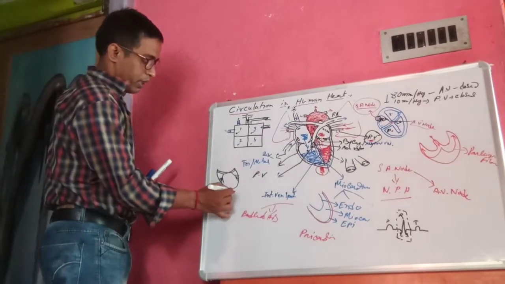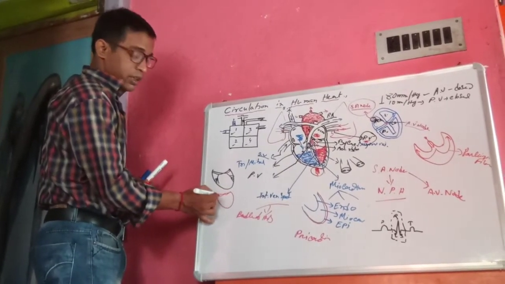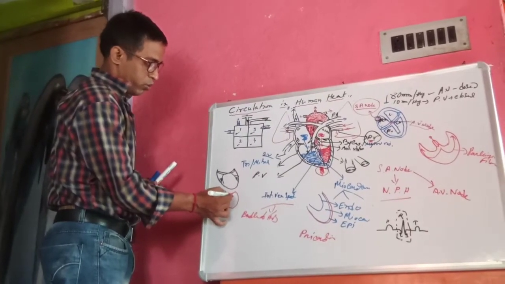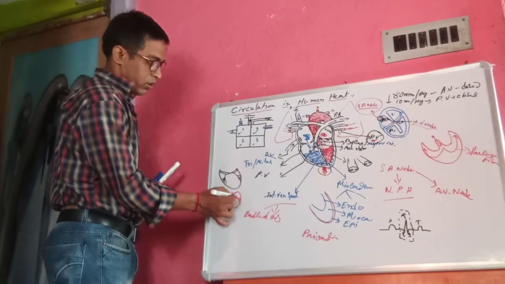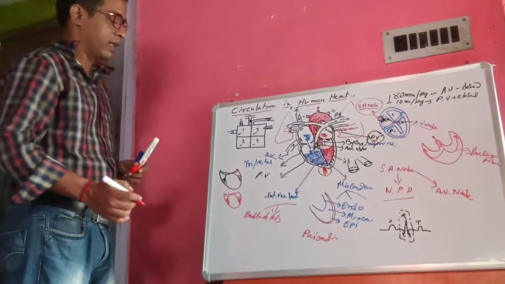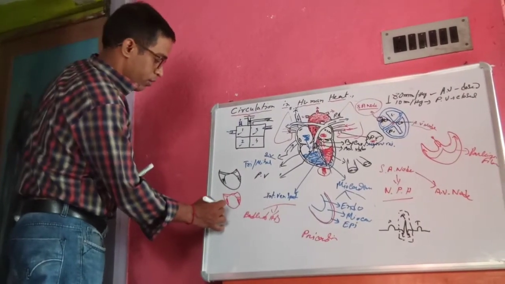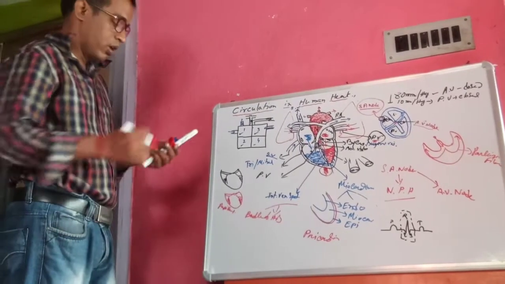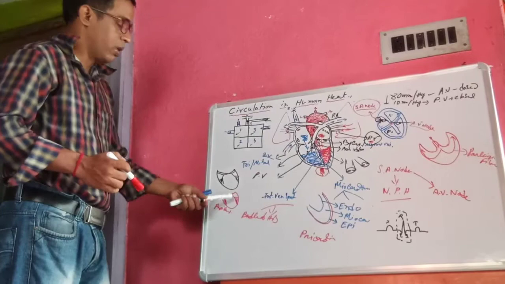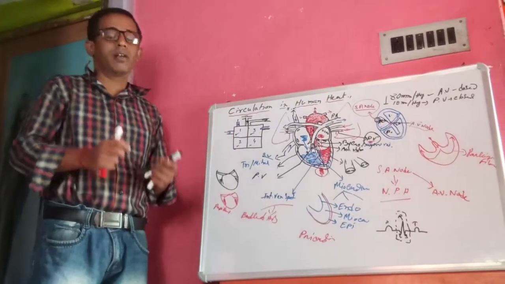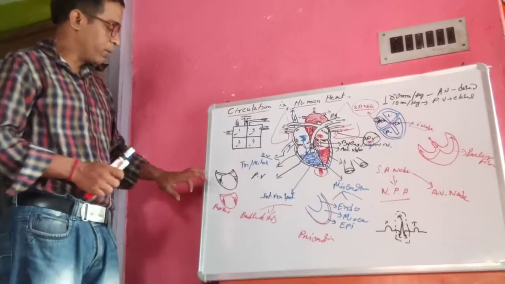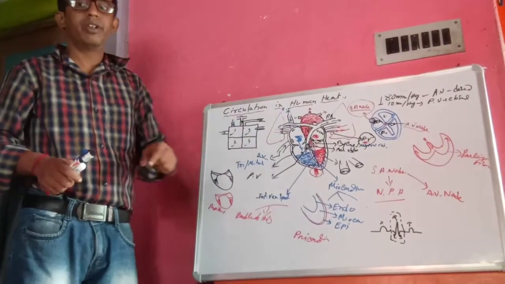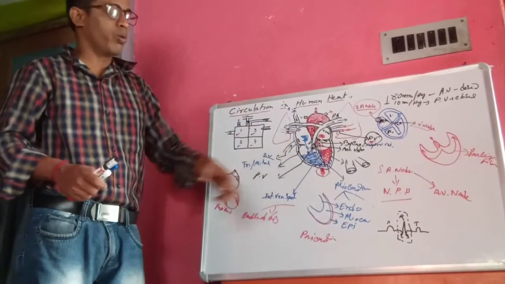This is our bicuspid valve, and this valve is attached with the inner wall through a muscle called the papillary muscle. This is called the papillary muscle. Now, these muscles act like a spring. What happens when the blood is full in the atrium? It gives the pressure downwards.